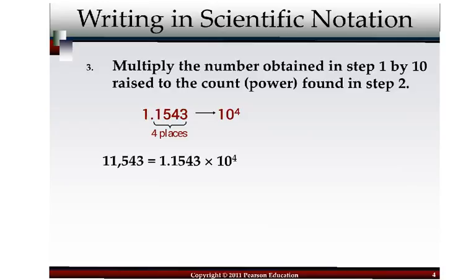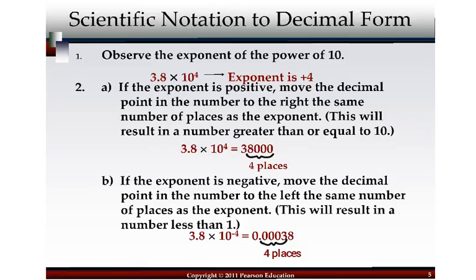Alright, so here are the steps on converting from scientific notation to decimal form. It says, first observe the exponent of the power of 10. This exponent is what's going to tell you: if it's positive, you're going to move that decimal point to the right so many places.